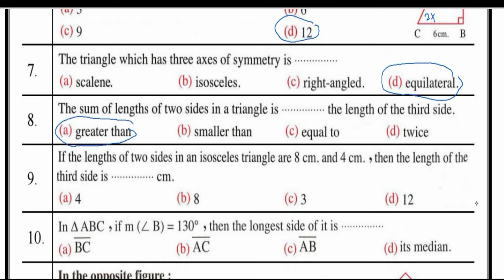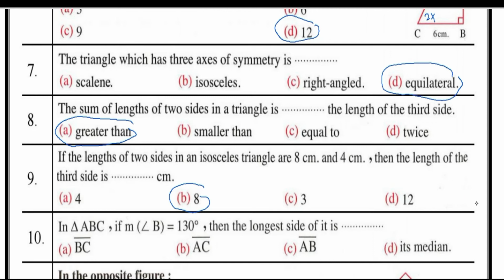If the lengths of two sides in an isosceles triangle are 8 and 4, then the length of the third: the isosceles has two equal sides, so the third side is either 4 or 8. If it is 4, 4 plus 4 is 8, equal to 8, which doesn't work, the sum must be greater than. So the third side is 8. If we take 8 plus 4, 12 is more than 8. So always in the isosceles, take the larger side.